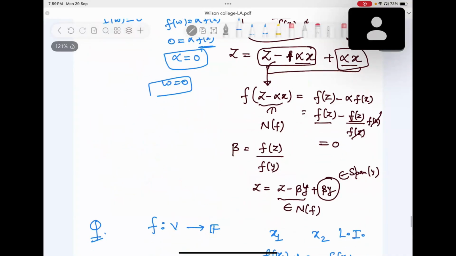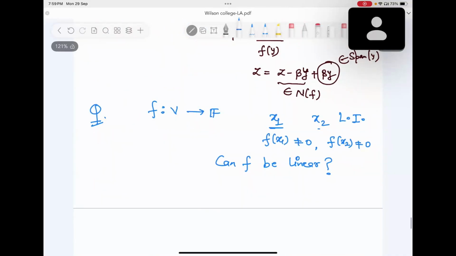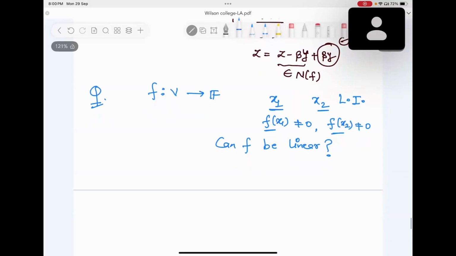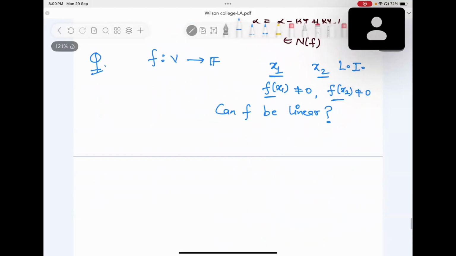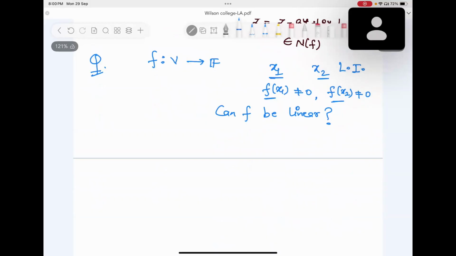And here you are asking, do you have two linearly independent members, and on those members the values of f are non-zero. It is not possible, because if only f of x1 or x2 is not equal to 0, then it fulfills the criteria. But I'm saying these are linearly independent. x1 is not equal to 0, x2 is not equal to 0, x1 is not equal to x2.